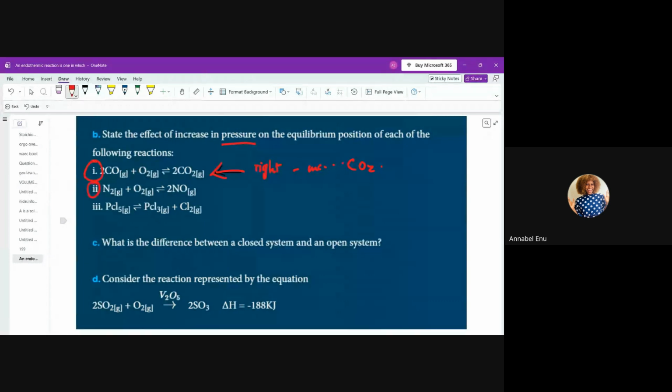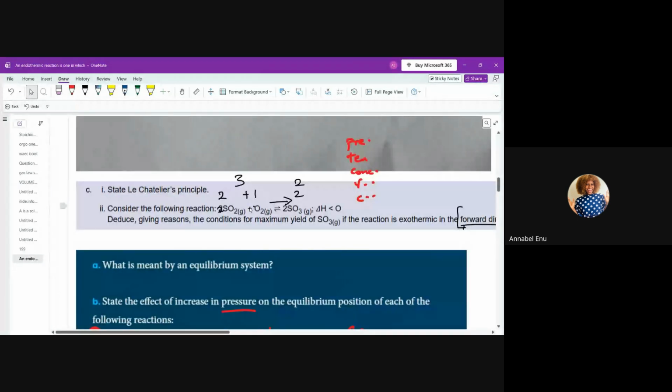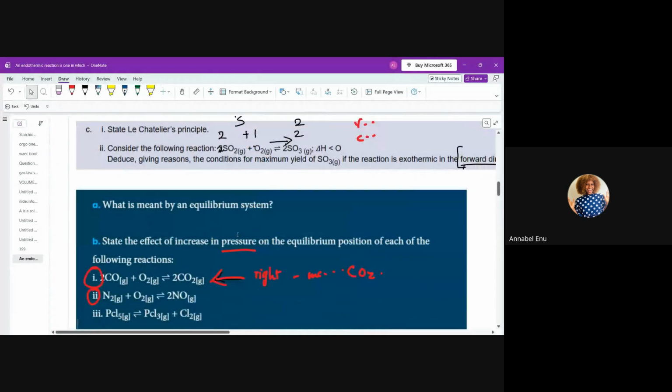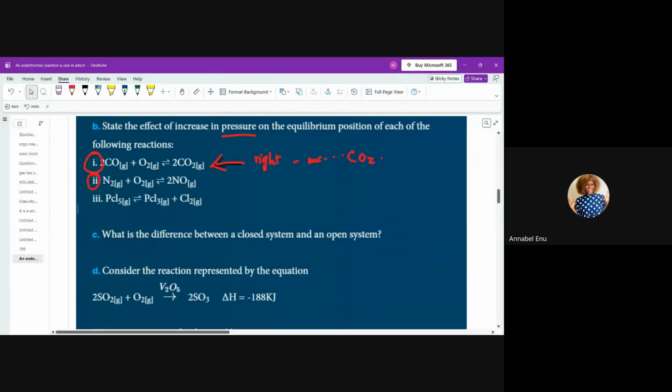This first one is just like the first question we answered, right? In terms of pressure, they're following the same trend and having the same system. The second one, what will be the effect of pressure?